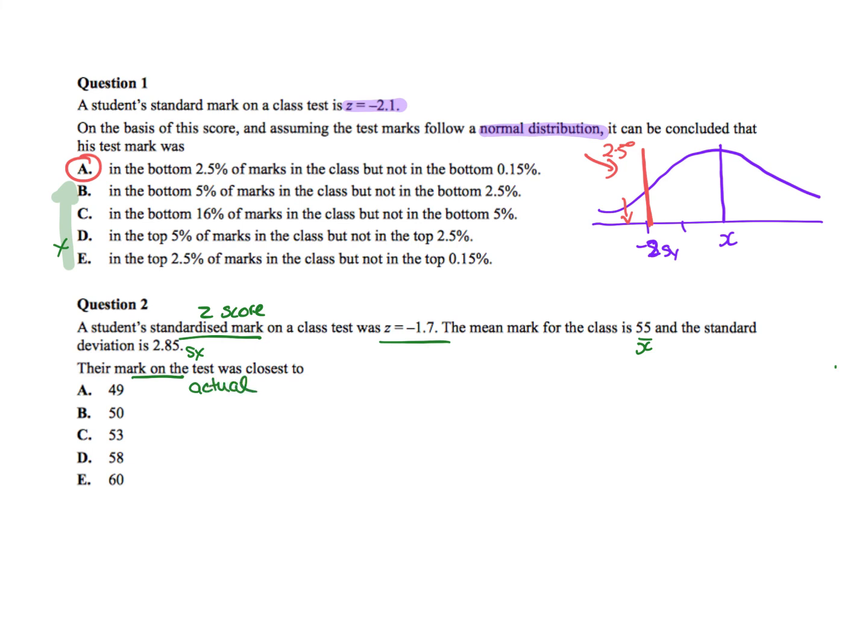If you remember back there before, we had that formula, it's just a rearrangement of the Z-score, so you don't have to use it. You can just use that and do solve, but I'm going to do the actual, where it was the mean plus your Z-score times the standard deviation. So in this example, the mean was 55, plus their Z-score was negative 1.7 times 2.85, and what do we get? I think we get 51 or something, was it?